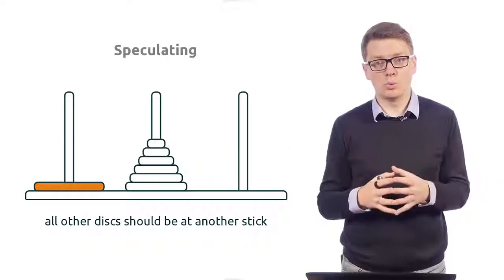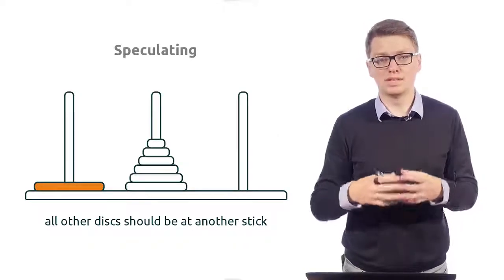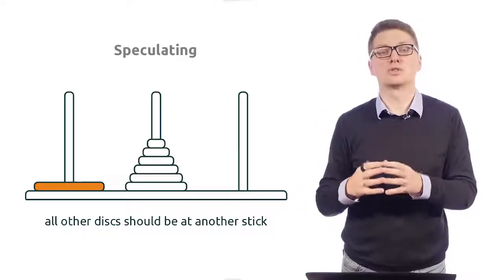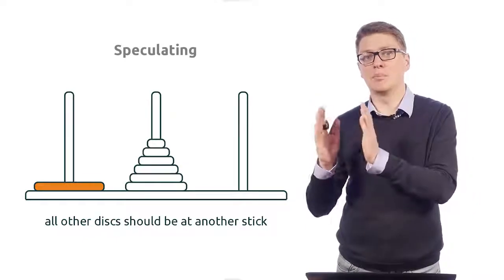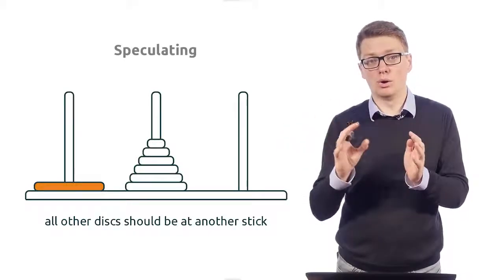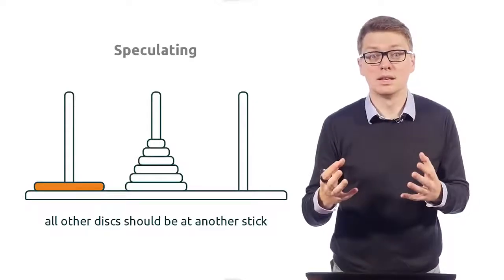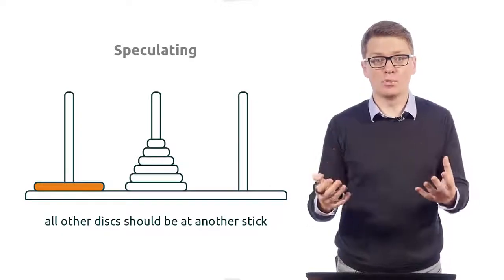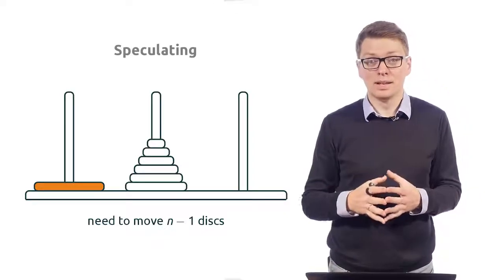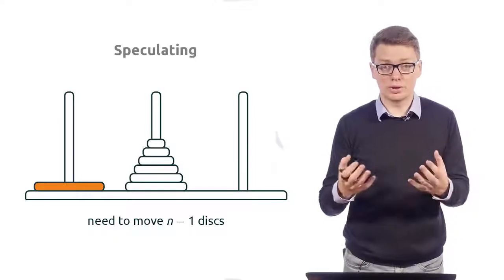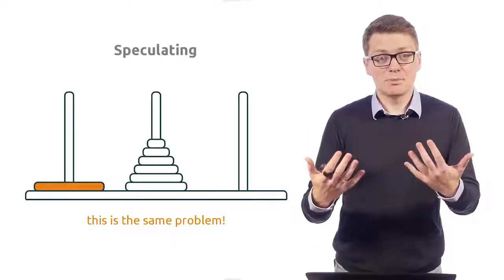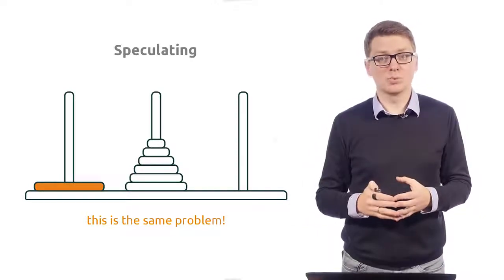So when we are moving the larger disk, all the remaining disks should be on some other stick, which means that up to this point we've moved all other n-1 disks. So we actually solved the problem for n minus 1 disks, right? And this gives us an idea for a recursive solution, because this is essentially the same problem solved for n minus 1 disks.